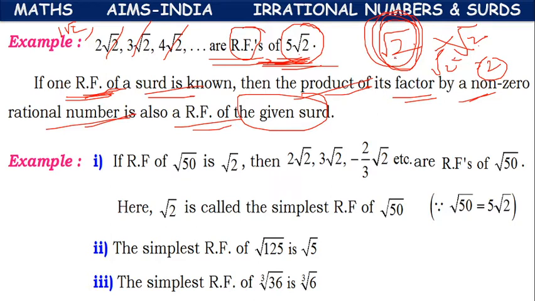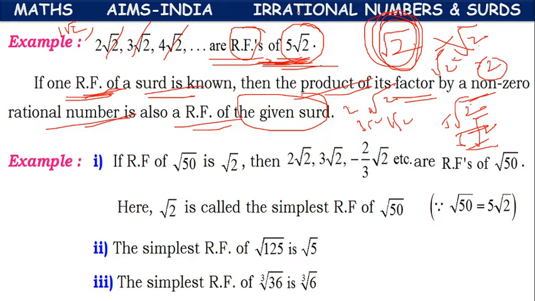So then its factor by a non-zero rational number, like if we have 1 root 2, means 2 root 2, 3 root 2, 4 root 2, 5 root 2, 6 root 2, all can be considered as rationalizing factors of the given surd. So means if one rationalizing factor is known, then we can take multiples of that and all will become rationalizing factors of the given surd.